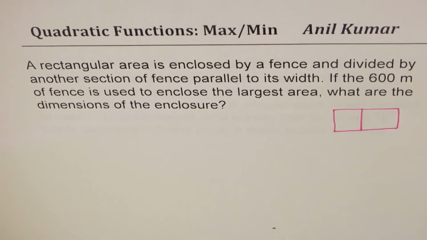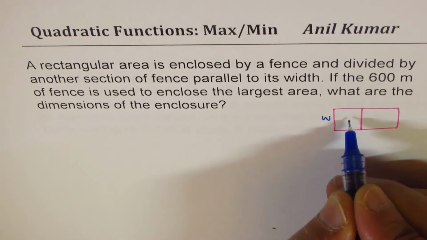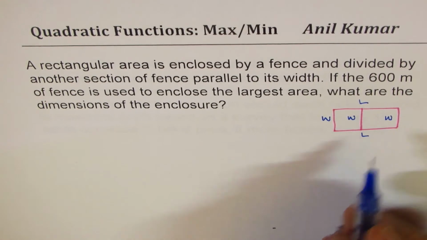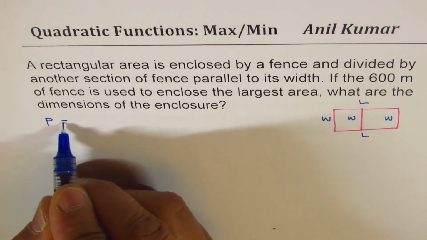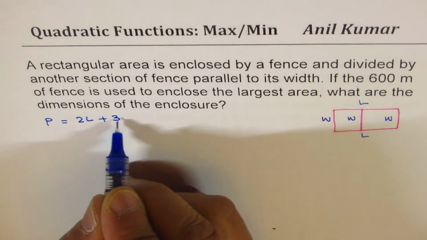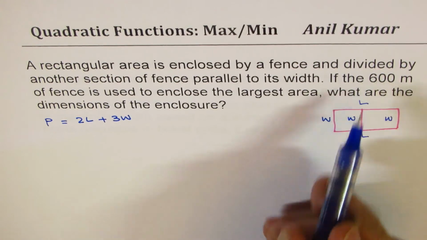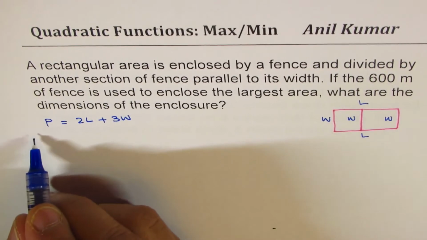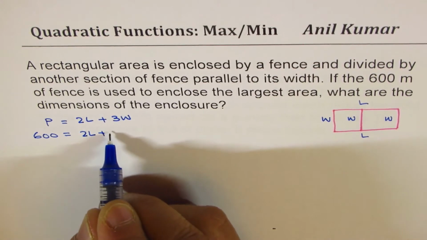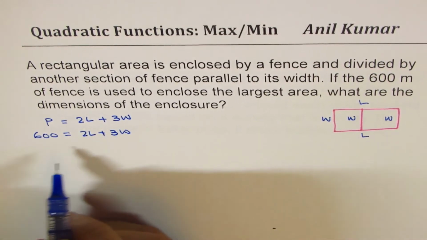Let us assume the width is W and L is the length. In that case, the perimeter will be 2L plus 3W. We are given the perimeter as 600, so 600 equals 2L plus 3W.